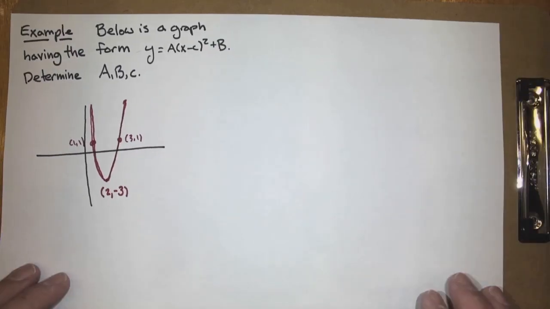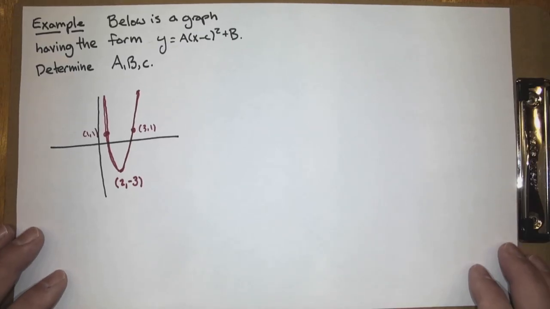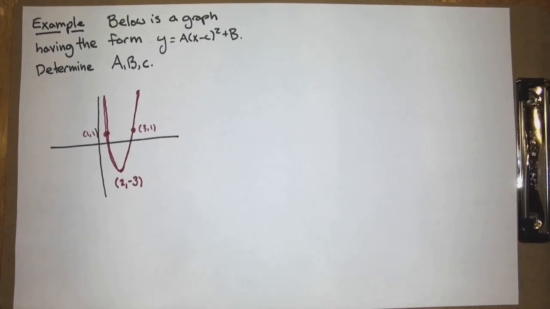Okay, one other thing. Let's do a practice before we get to today. So we practiced and talked about the idea of transforming graphs. So below is a graph having the form y equals a times (x minus c) squared plus b.